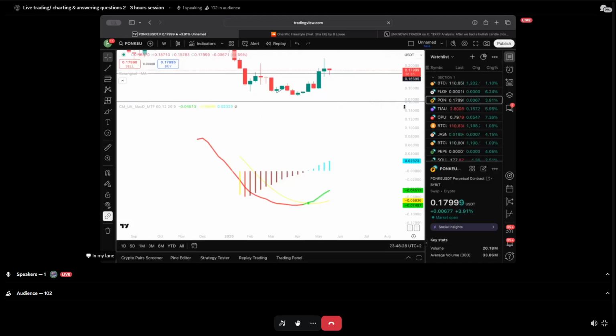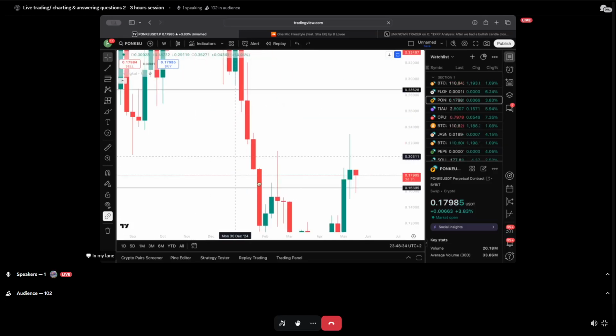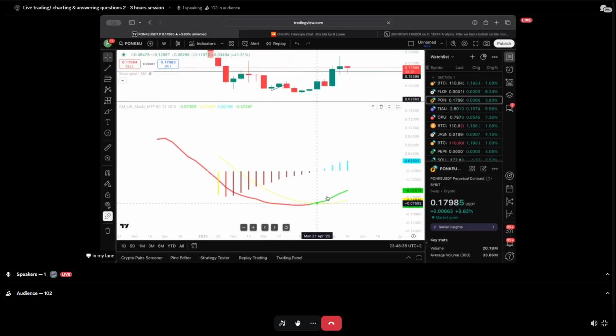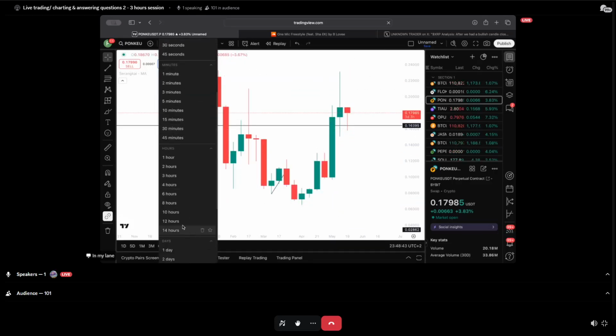This one's the weekly chart also. So this would indicate to me that a big move is coming on Ponky. So MACD bullish on weekly, close above support. I think it will move either tomorrow or the weekend.